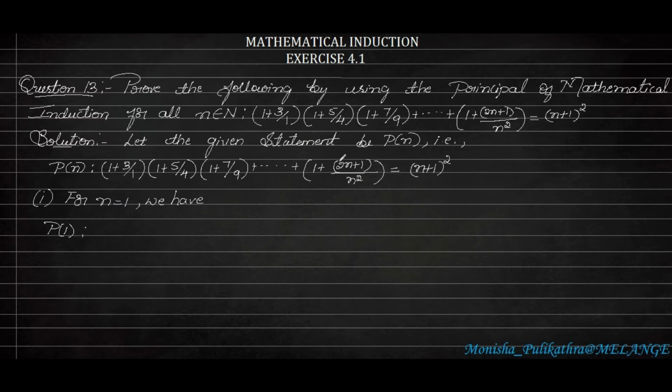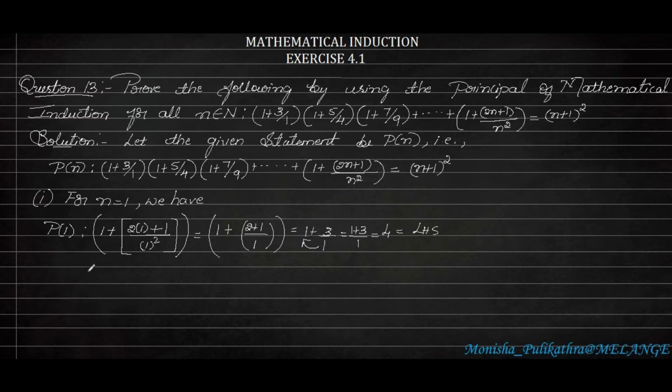Here the series ends with this equation, so we can directly take this equation instead of taking every number. 1 plus (2 into 1 plus 1) whole divided by 1 square. 2 into 1 is 2, plus 1, divided by 1 square is 1. So this will become 1 plus 3 by 1. If you take LCM, it will become (1 plus 3) whole divided by 1, that is 4. So this 4 will be the LHS part.